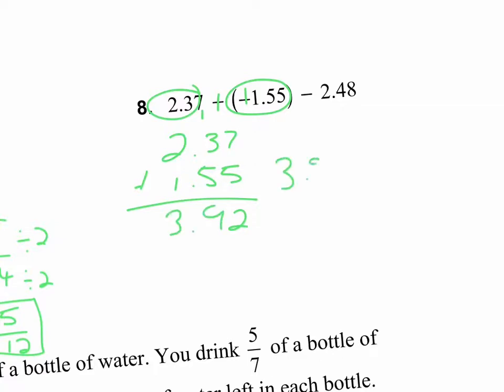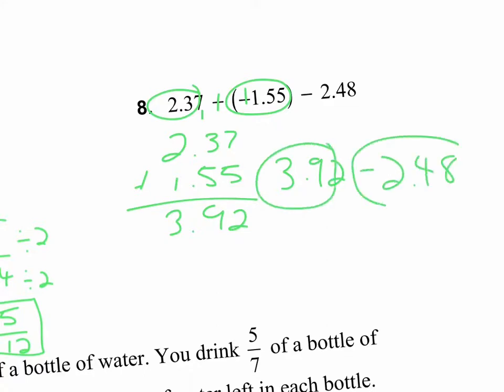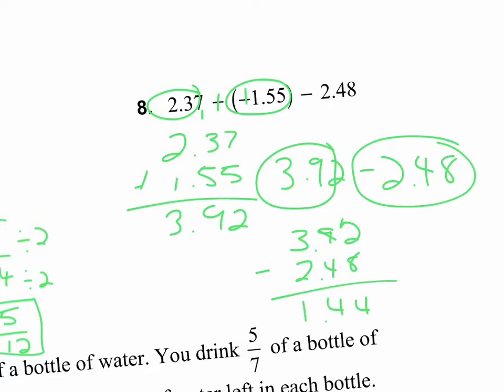So I have 3.92, and it's positive because you keep the sign, minus 2.48. Circle 3.92, negative 2.48, opposite signs we subtract, so 3.92 minus 2.48, and we borrow, we get 4, 8 minus 4, and we get 1.44, and it is positive because 3.92 is bigger, so my answer would be 1.44.